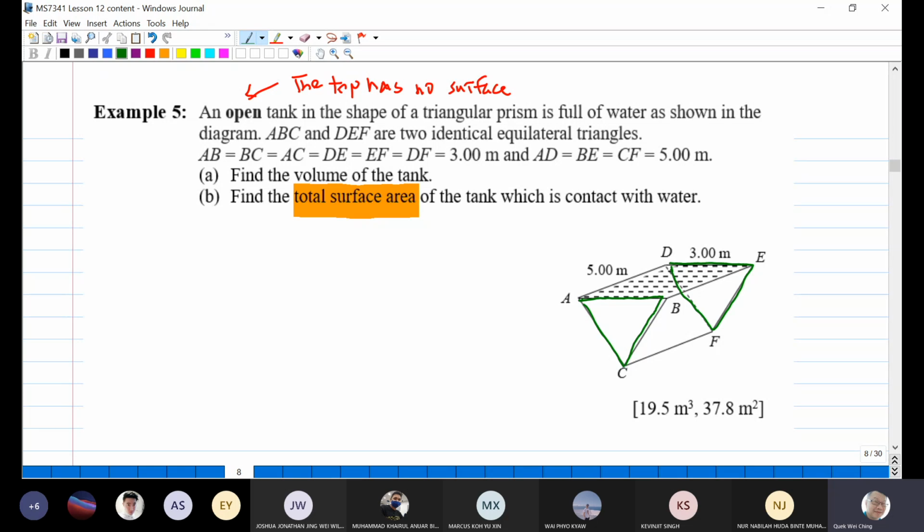So there are two triangle surfaces. So total surface area now, we're looking for part B now.